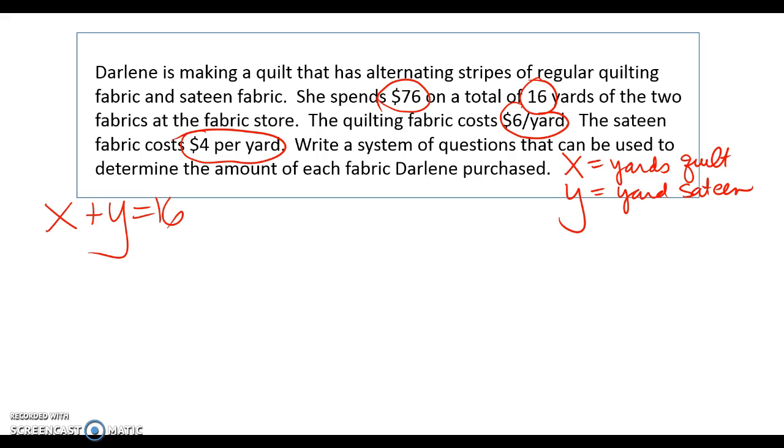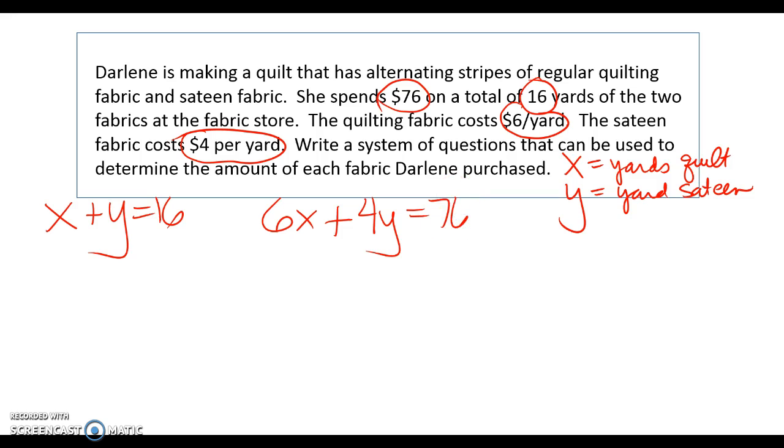She spent $76. And the quilting fabric costs $6 a yard. The sateen fabric costs $4. Well, if X is the number of yards of quilting, and I spend $6 per yard, that tells me what I paid for the quilting fabric, plus $4 per yard times the number of yards of the sateen fabric, that should equal 76, right?